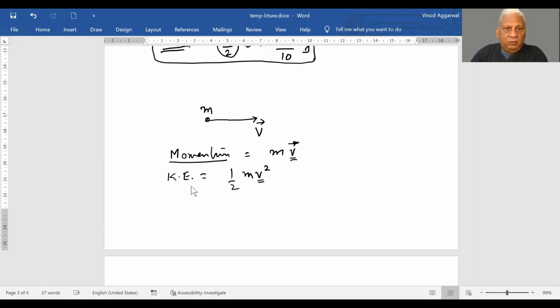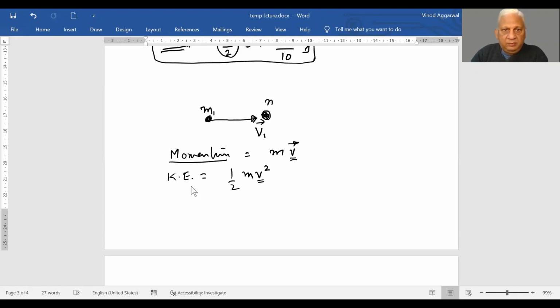Now, we know, let us say this body or this mass m, which is traveling in direction v, hits another particle. Let's say this was m1, this was m2, velocity was v1.